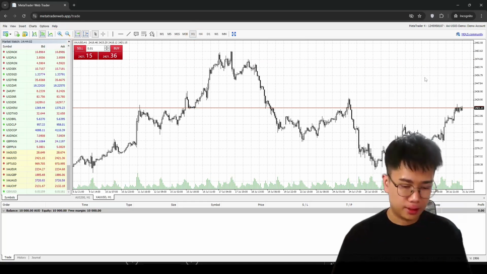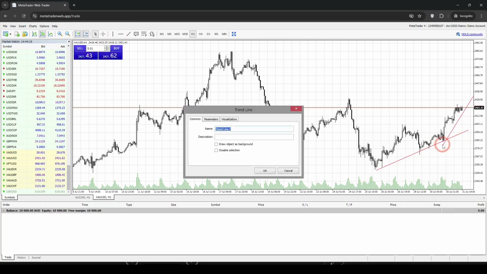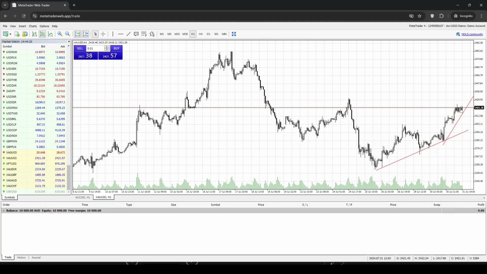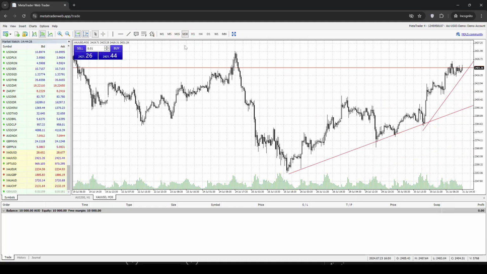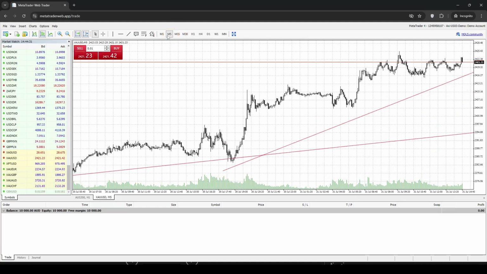For example, I can see that in the market right now there is an uptrend happening here, and there will be an even more aggressive uptrend happening here. But if I zoom in and focus on this region, around the 30-minute time frame, what happened within this region?